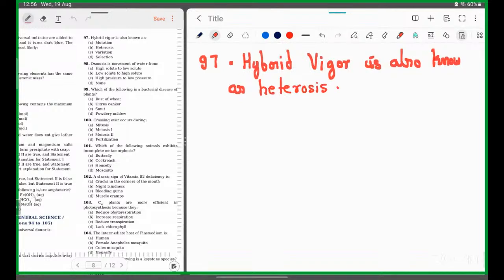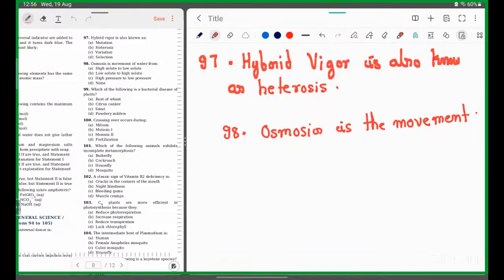Coming to question number 98, osmosis. Osmosis is the movement from. So there is a law of nature, and we can see it in everything. Everything moves from higher to lower.